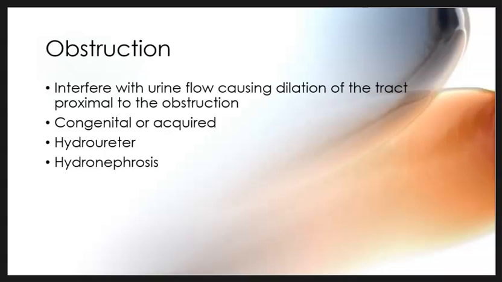Once an obstruction happens, you'll have stasis of urine. The structures proximal to the obstruction site will begin to dilate, and the more distal to the obstruction, the less dilation is seen because the pressure is distributed over a greater surface area. Complete obstruction of a ureter results in its dilation, called hydroureter. When the renal pelvis and tubules enlarge with the increased pressure, the kidney becomes enlarged.